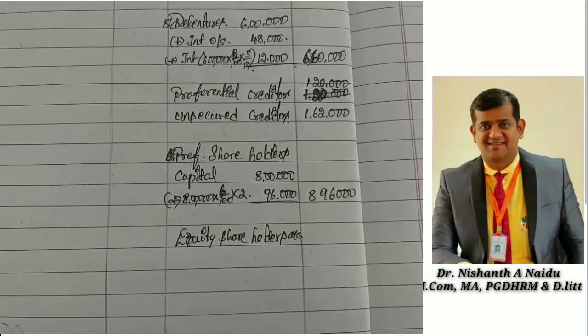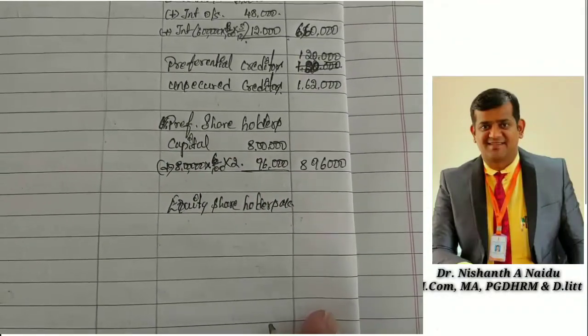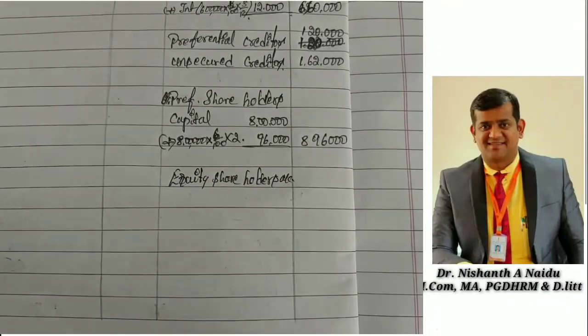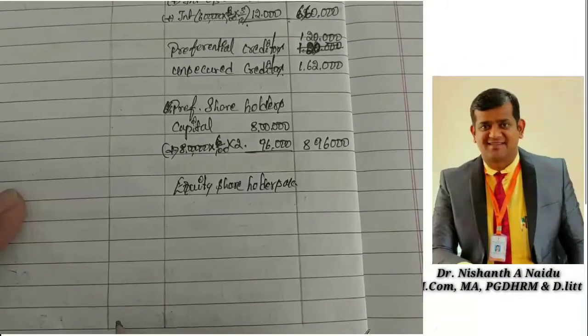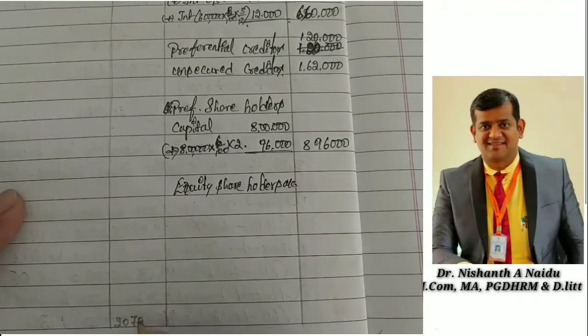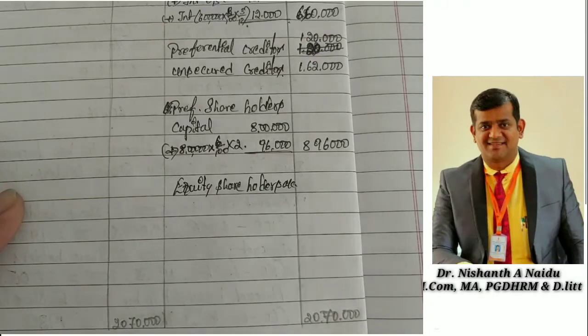I'm writing it here in pencil so that if any doubts arise they can be clarified later if it is not tallying. So that comes to 20 lakh 70,000. Both sides I'm writing the same total, 20 lakh 70,000.